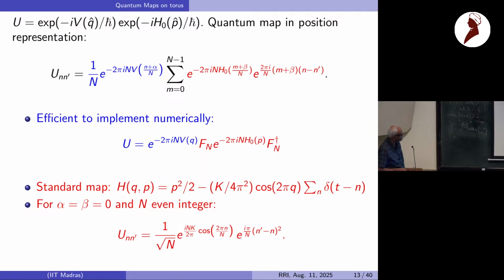There's one parameter k, the other parameter is n, which is the inverse Planck constant. And this is the dimension of the matrix n by n, and this is an exact unitary matrix which can be studied for quantum classical correspondence in a very simple way.